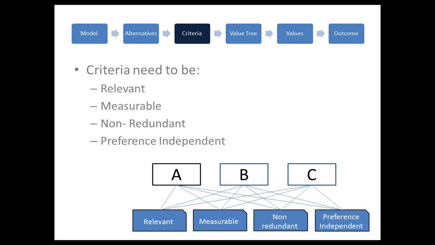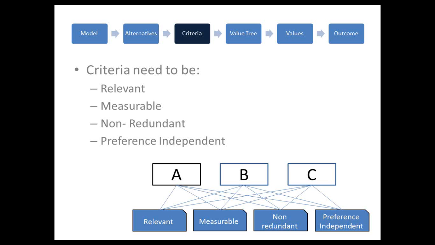Well, first, it must be stressed that criteria can be both qualitative and quantitative. So there's no need to include only quantitative criteria in your analysis. It seems like an open door, but criteria also must be relevant. That is, they must be linked to the objective of your analysis.